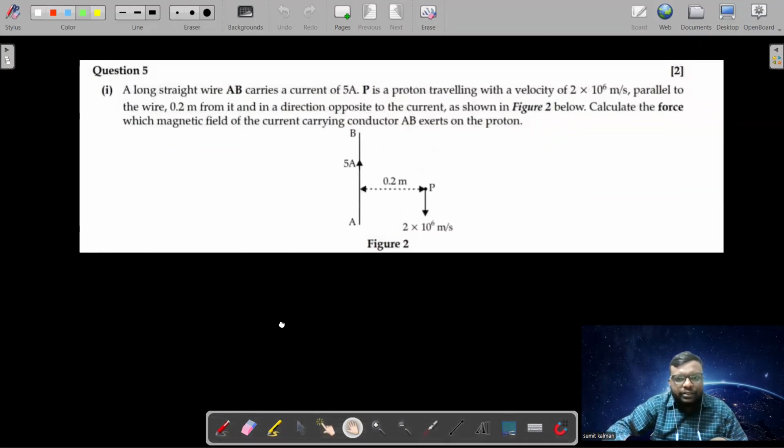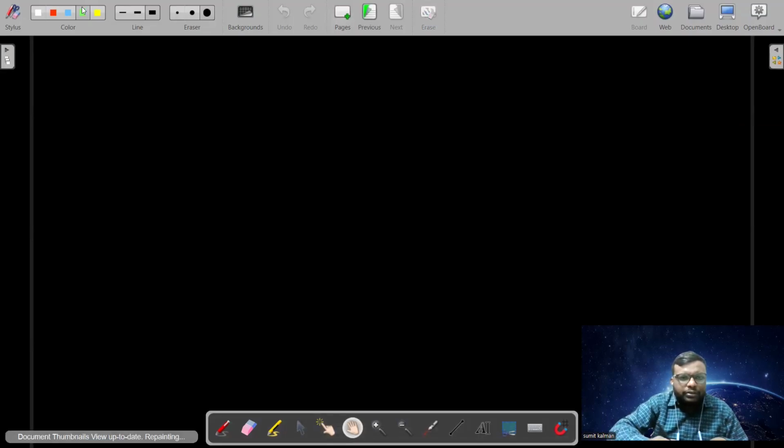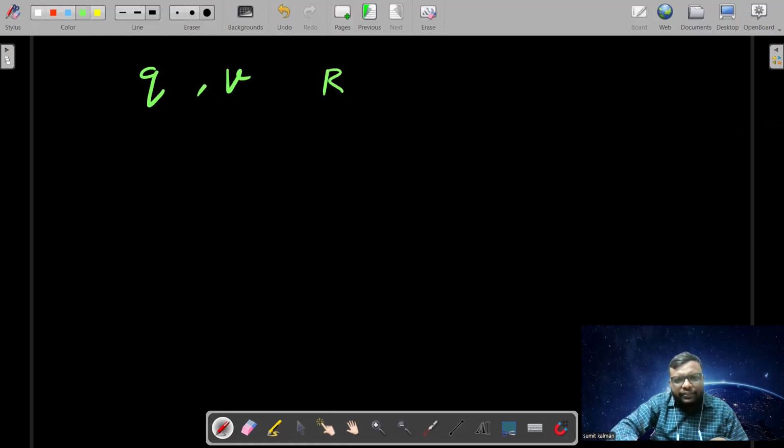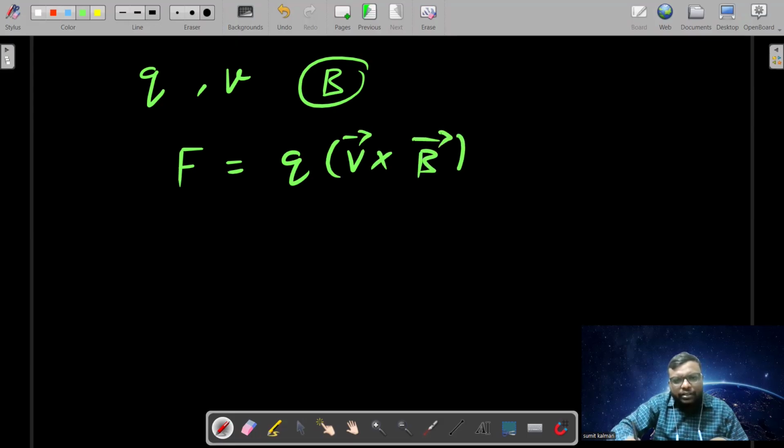Students, as we all know, if a charge Q is moving with velocity V in a magnetic field B, then the magnetic force exerted on the charge Q is given by Q vector V cross vector B. And students, this is in vector form, and if you write it in magnitude form, it will become QVB sine theta.